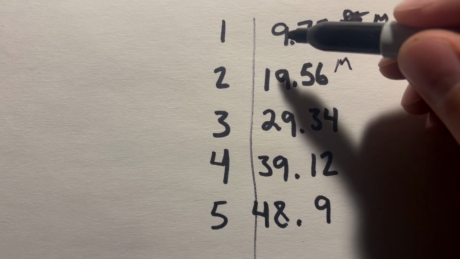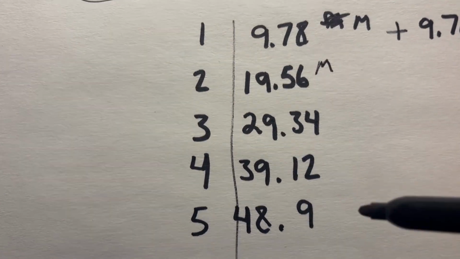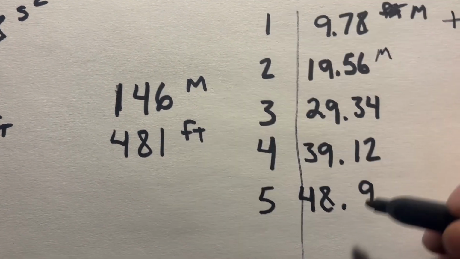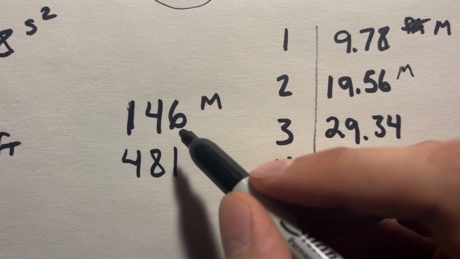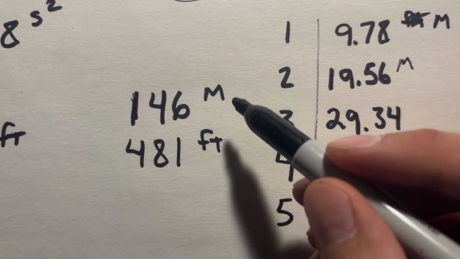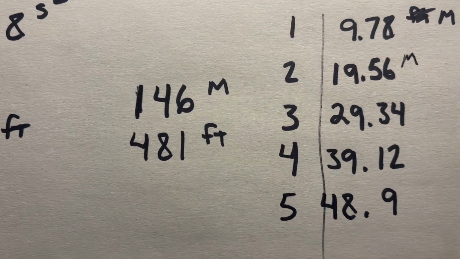So it'd be 9.78 plus this. Add all these up, and when I do the math, the total sums up to 146 meters if you fall for 5 seconds. That's the distance you fall. And I convert it into feet, and that's 481 feet.